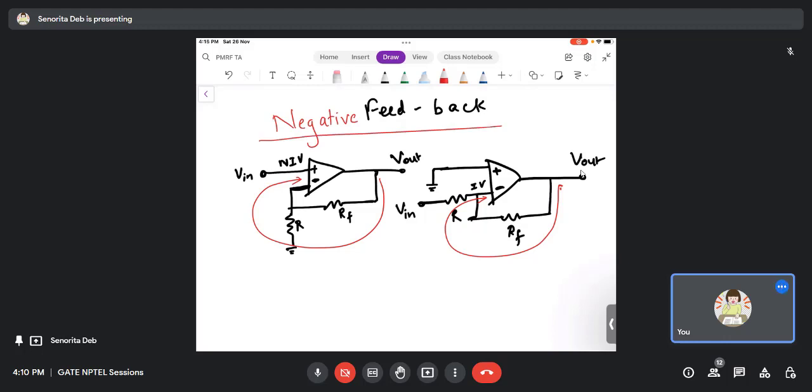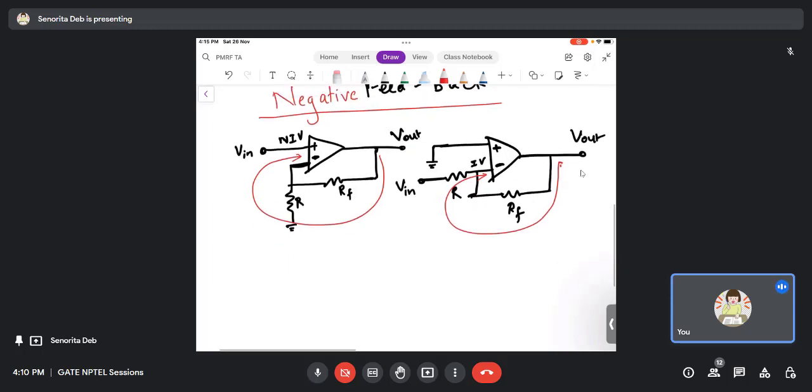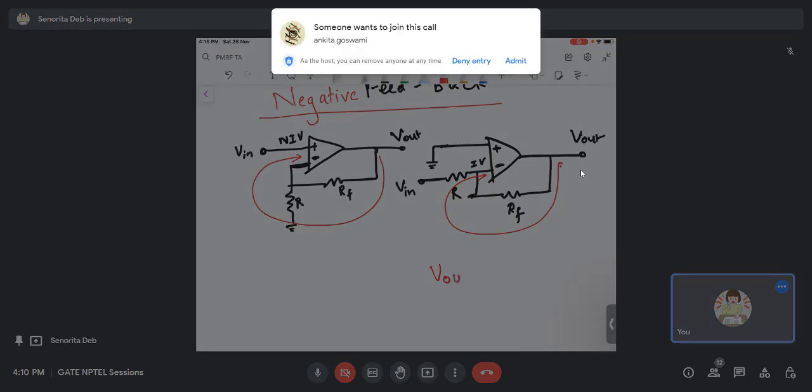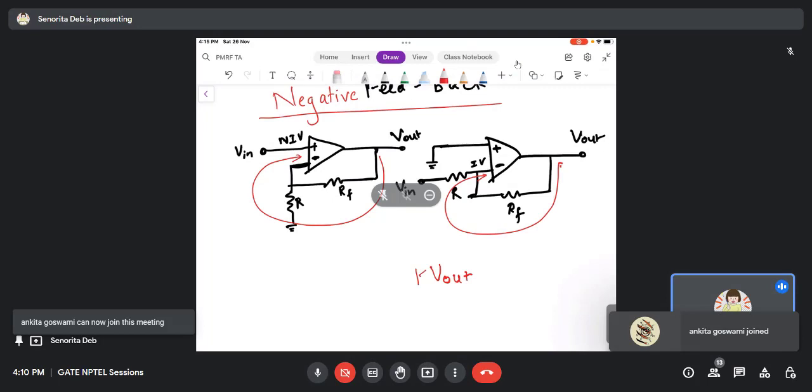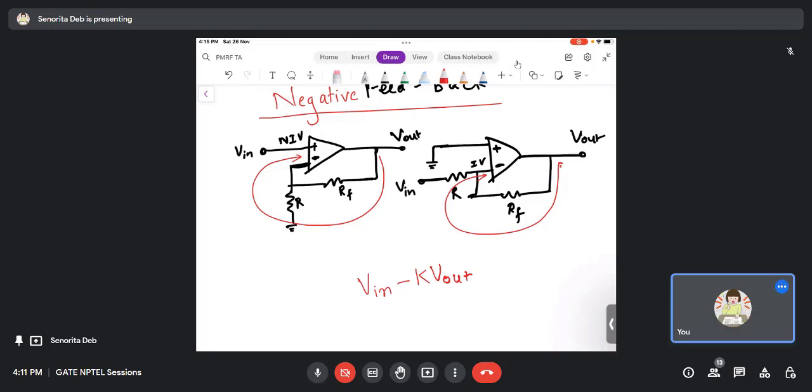Okay, always in negative feedback, what is happening? Negative feedback means you take a portion of the output, let's say K times V out, and you subtract it from the input so that you get an error which you try to minimize.